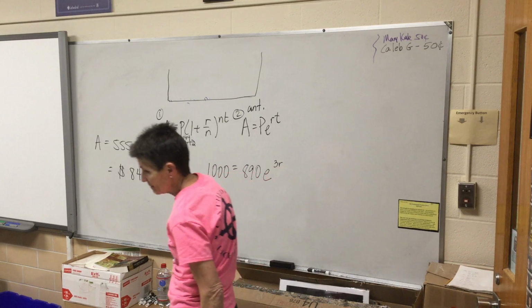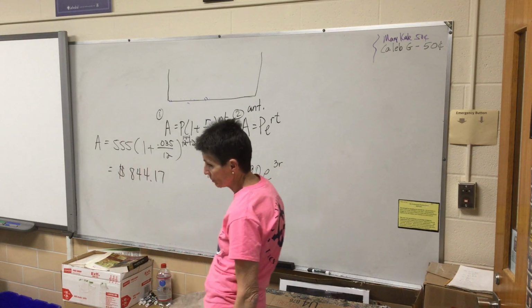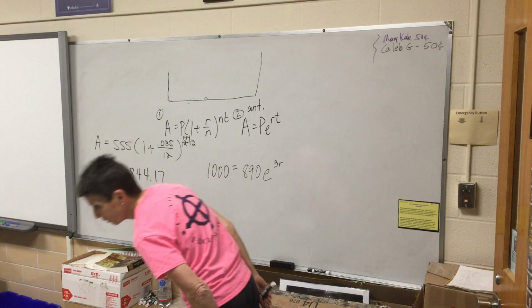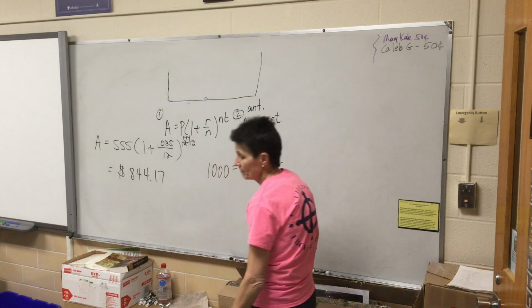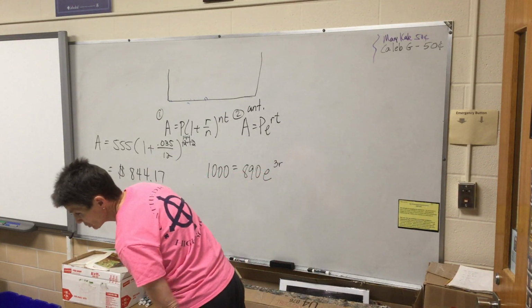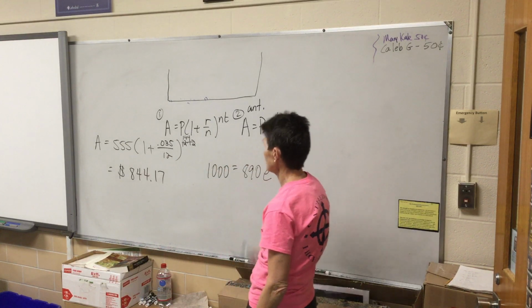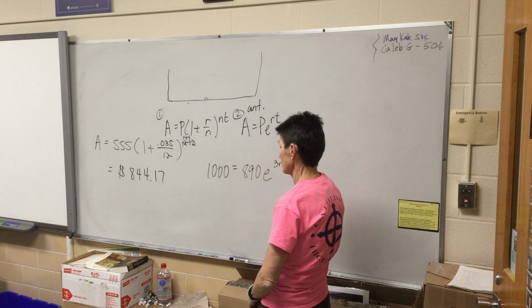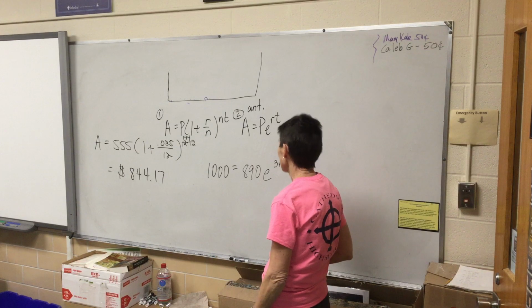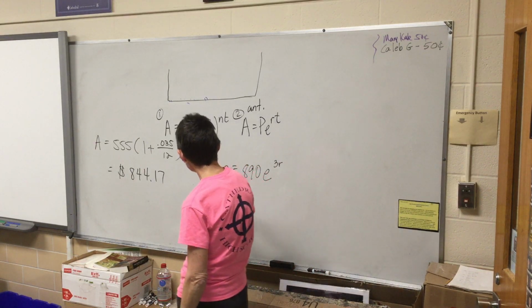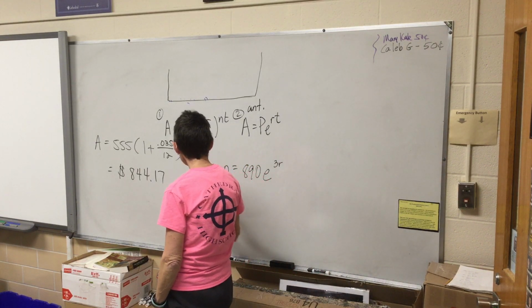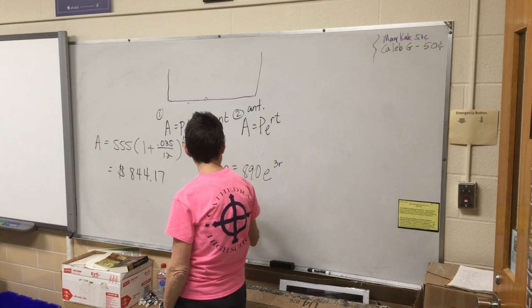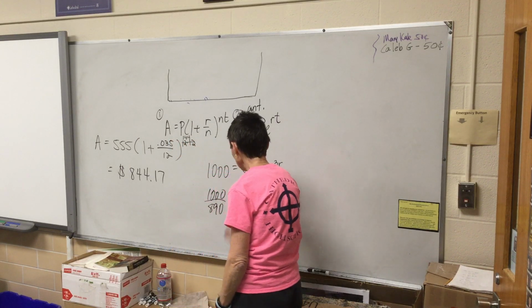But I'm not going to jump in and put a logarithm in just yet. What do I need to do first? Josh Ramsey, what do I need to do first here before I jump in with my logarithms? Divide by 890. Exactly. Now, you can do whatever you want with this. Please don't round it off, though. I'm just going to leave it like that.